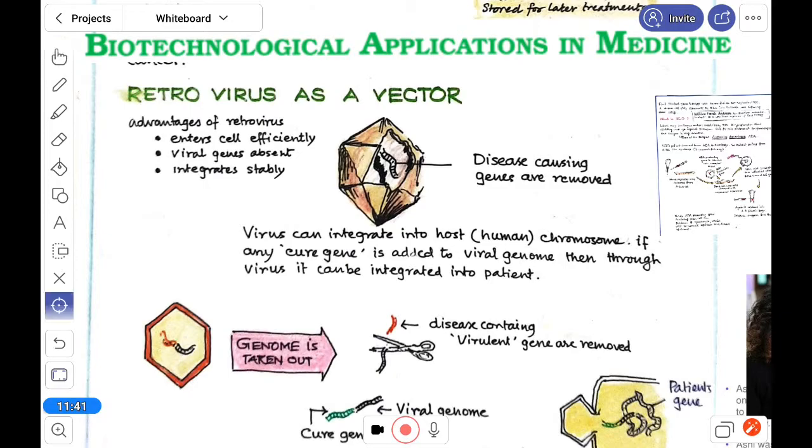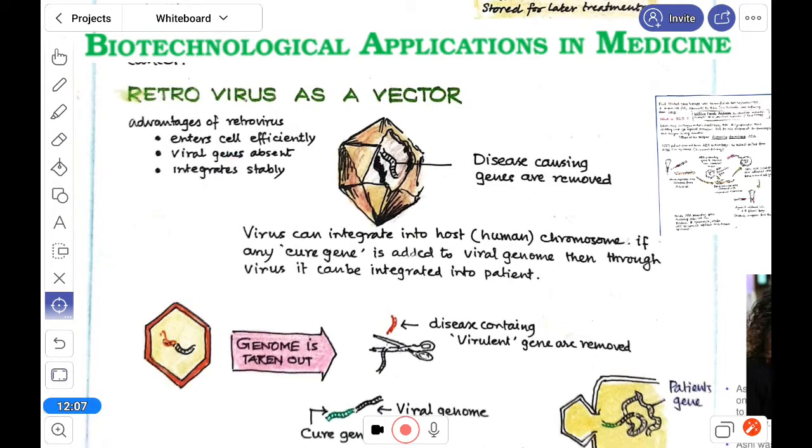So for that, here we are using retrovirus, any virus from the Retroviridae group. So why are we using it? Because it has the power to enter inside the cell. Any virus can do it easily.